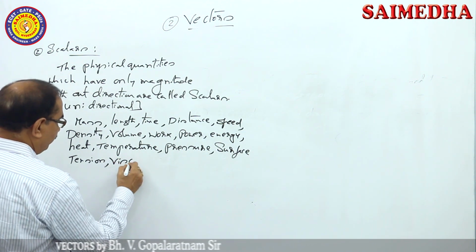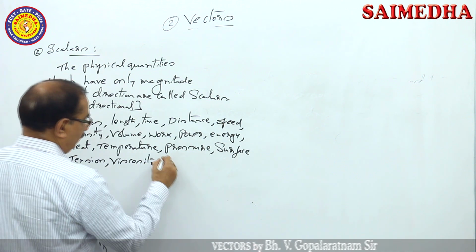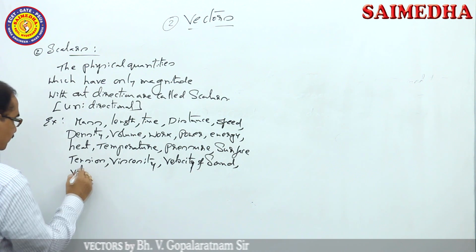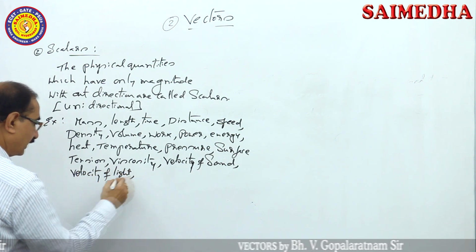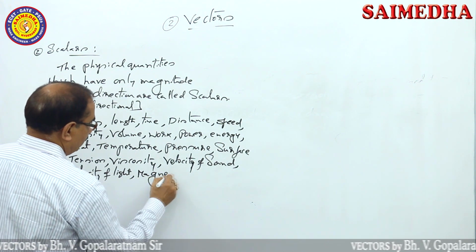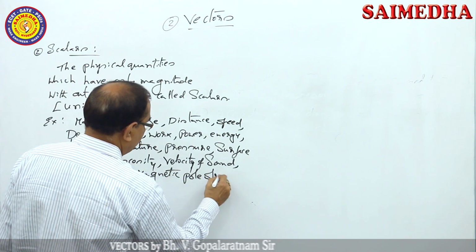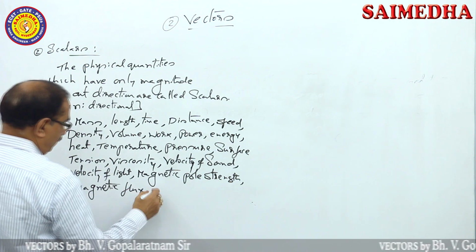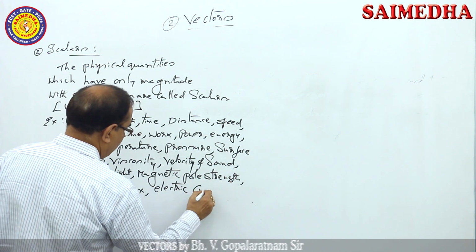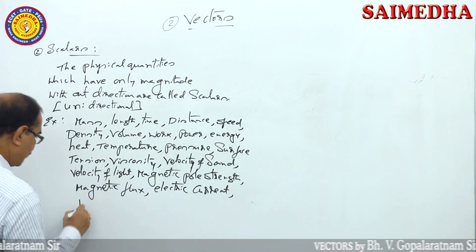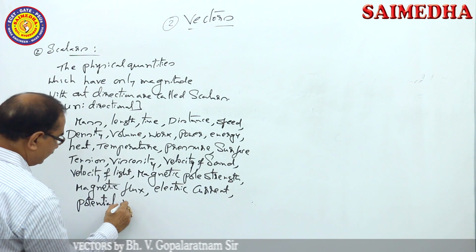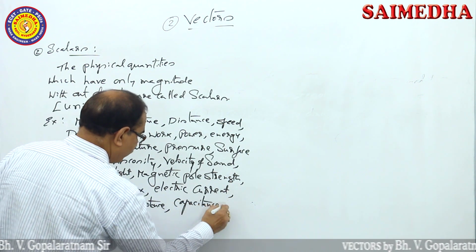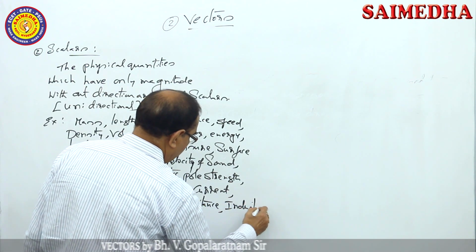Surface tension, viscosity, and velocity of sound, velocity of light, and magnetic pole strength, magnetic flux, electric current, and potential, resistance, capacitance, inductance are scalars.